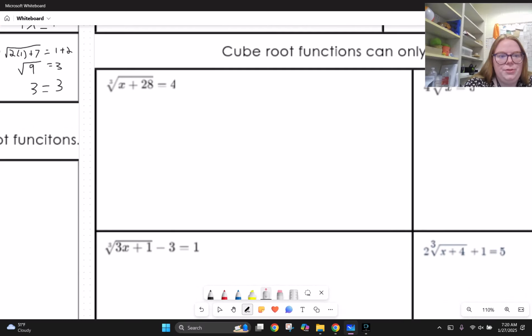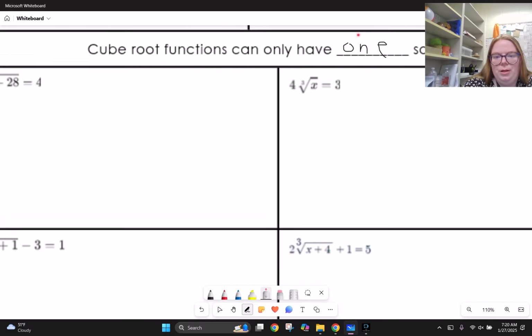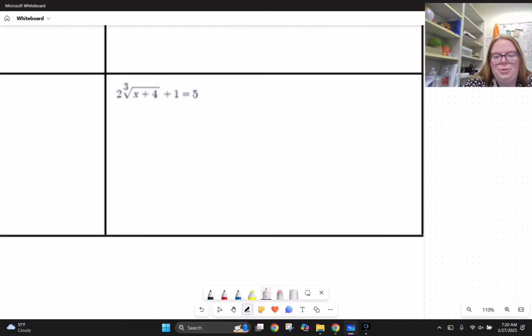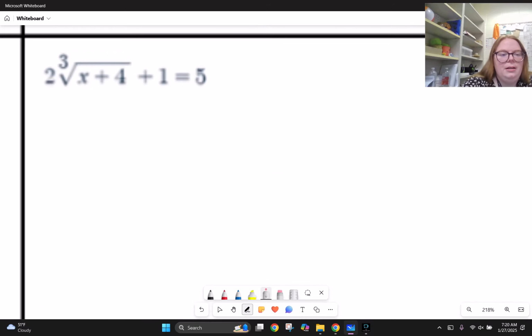So let's work through a couple examples. I'm going to do this one down here. So again, step number 1, whether we're working with square roots or cube roots, is to isolate that radical. So I've got this 2 in front of the cube root, and that plus 1 right there.